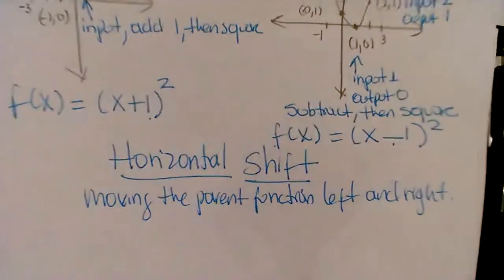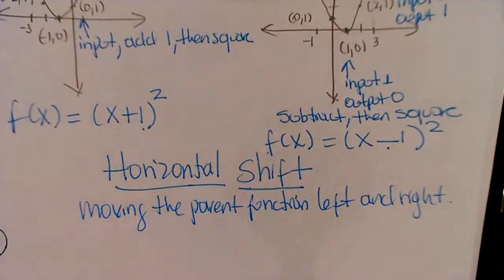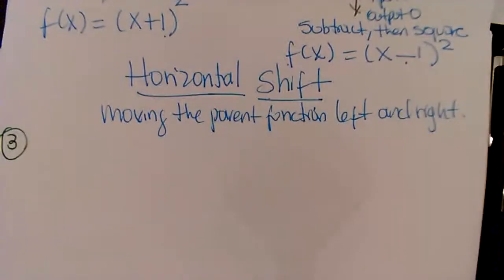Now, let's do number 3. Remember, we're doing transformation. Every quadratic function is a mutation or an offspring or baby of the parent function. And we were looking at the possible mutations. That's what we're doing.